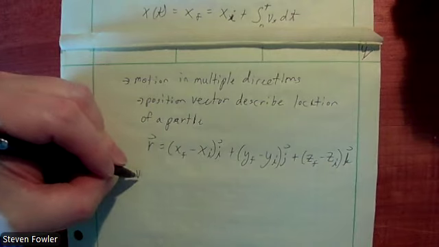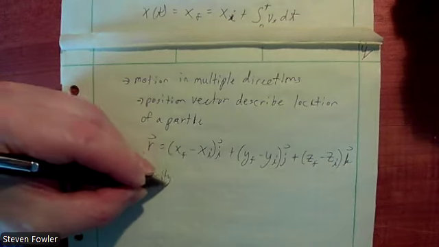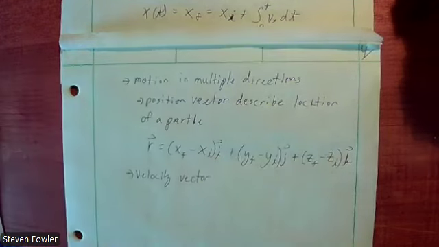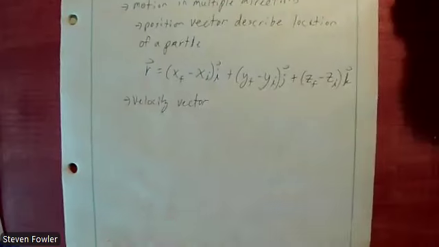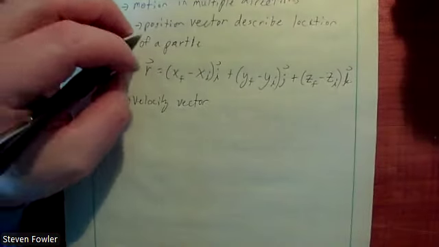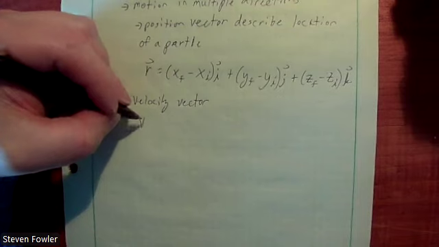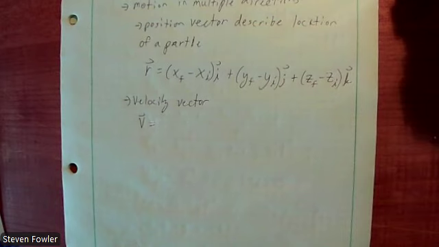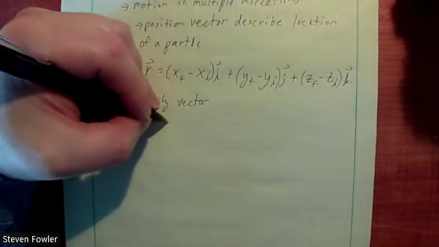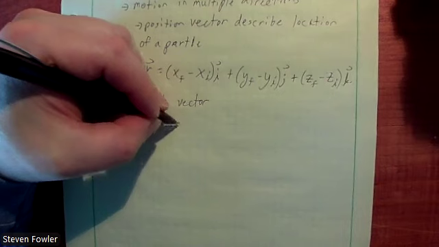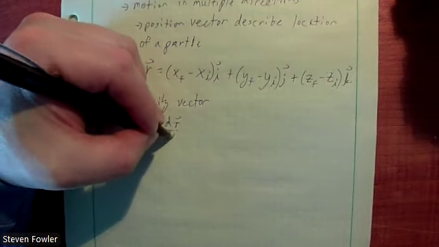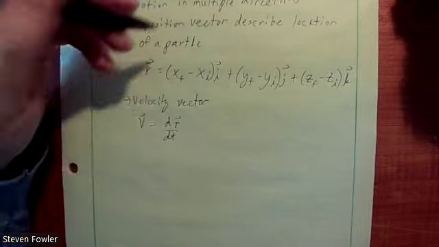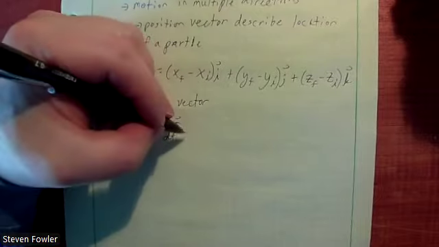Now, if we talk about the velocity vector, the actual velocity vector, the instantaneous velocity vector, well, that's going to be the derivative of the R vector with respect to time. So if I've got a function in time for these guys, I'm just going to take the derivative of each of those, right?